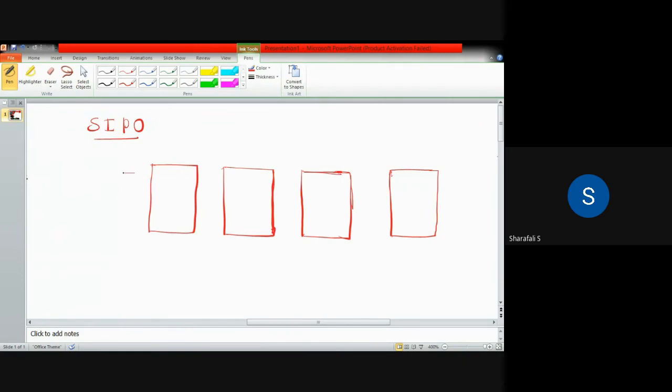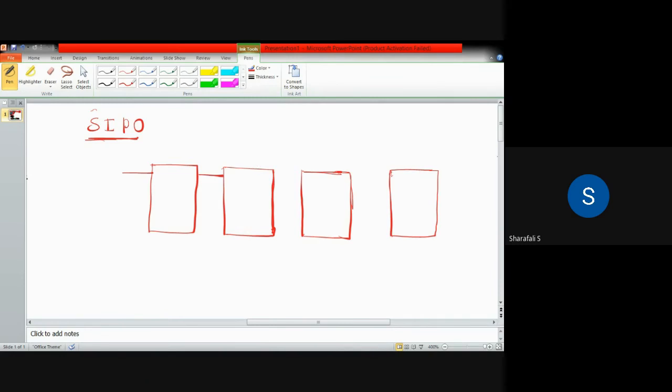Here this is the input. We are talking about serial input, parallel output. Serial input means the output of the first flip-flop will be fetched into the input of the second one. Remember that.